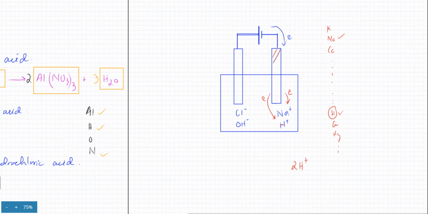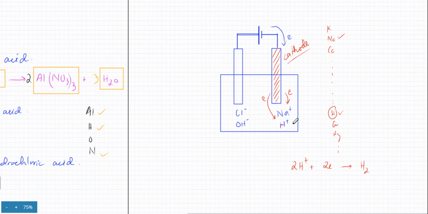At the cathode, it's always a gain of electrons. So they always gain electrons. Reduction happens. I said H is diatomic, so there should be 2H+1. They would gain two electrons to form hydrogen gas, or two hydrogen atoms, and they would combine to form H2. It's a diatomic molecule.